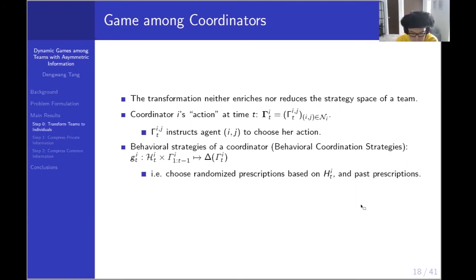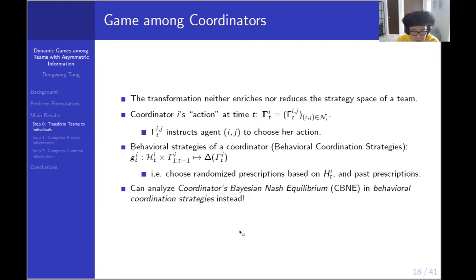This means that the coordinator chooses randomized prescriptions based on the common information, which is the coordinator's information, along with the past prescriptions. So now we have described the strategies of a coordinator. And then we can just analyze the coordinator's Bayesian-Nash equilibrium in behavioral coordination strategies instead of analyzing the team Bayesian-Nash equilibrium.